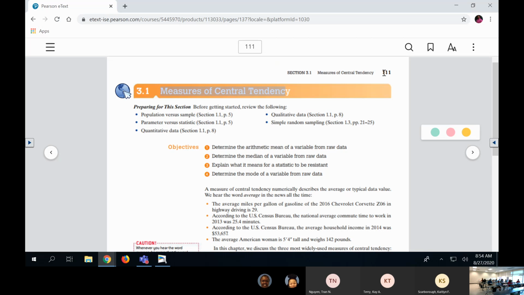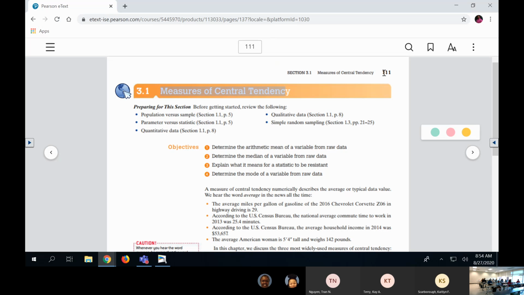Everything in statistics is built around the center. How far am I from the center? How far am I from the average? That's statistics. We ain't got into probability yet. We're just studying statistics right now.